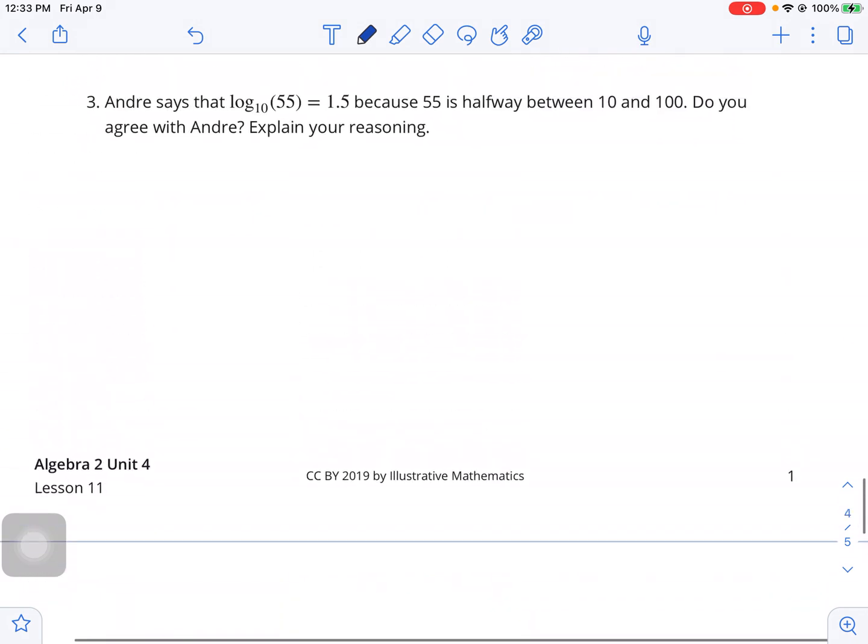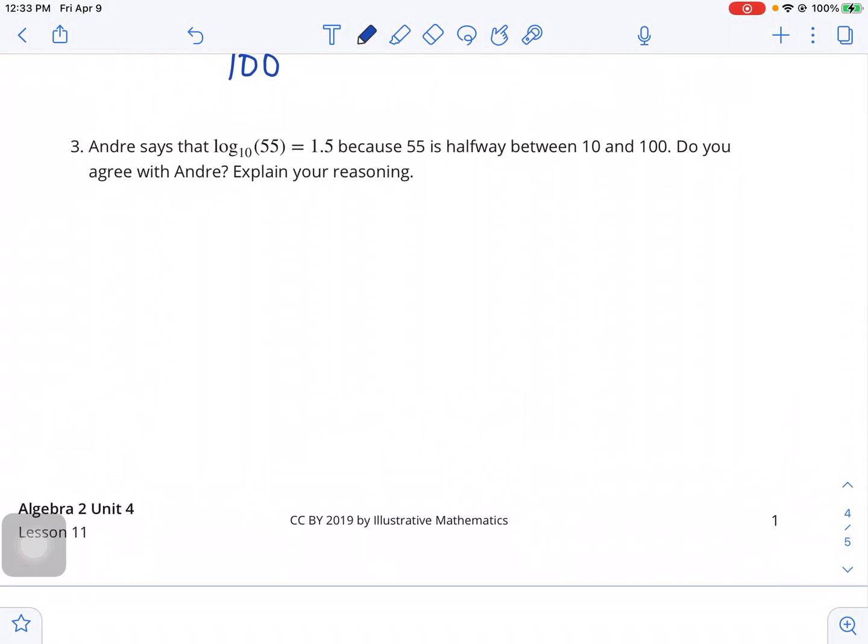And finally, number 3, Andre says that log base 10 of 55 is equal to 1.5 because 55 is halfway between 10 and 100. Do you agree with Andre? And no, we don't agree with Andre. It is true that 55 is halfway between 10 and 100, but let's see. So 10 to the first is 10, and 10 to the second is 100.